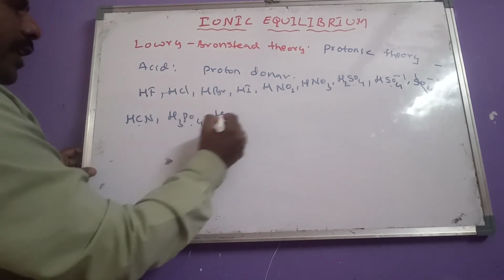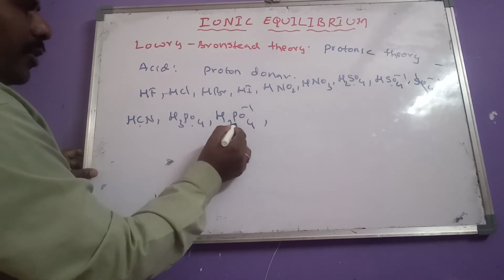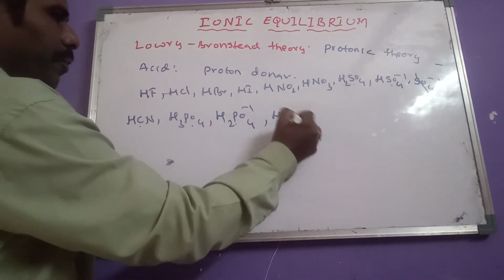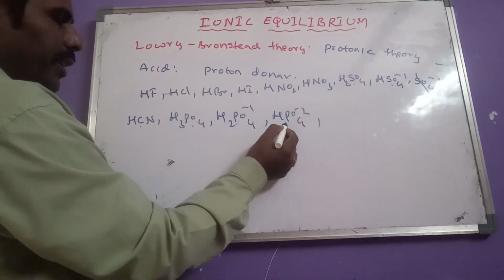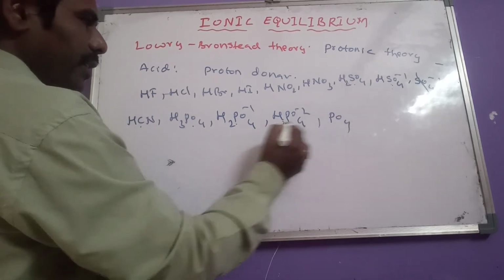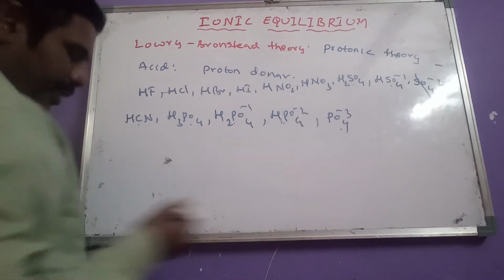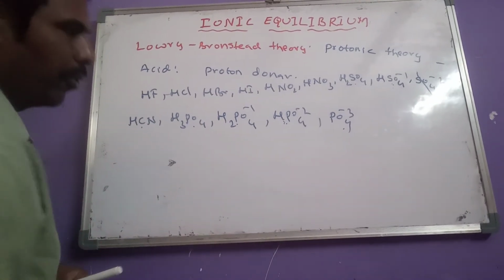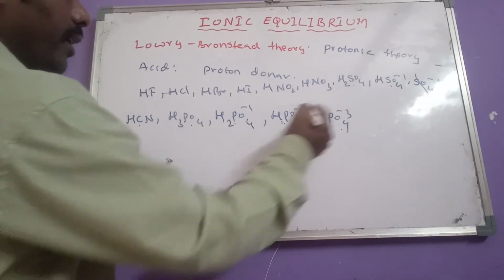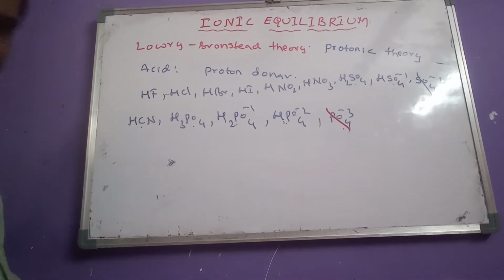By donating one H plus we get H2PO4 minus, which also can act as an acid. HPO4 minus 2 also can donate a proton, so it also acts as an acid. Next, PO4 minus 3 is unable to donate a proton because no H plus ions are there, so it does not act as an acid.